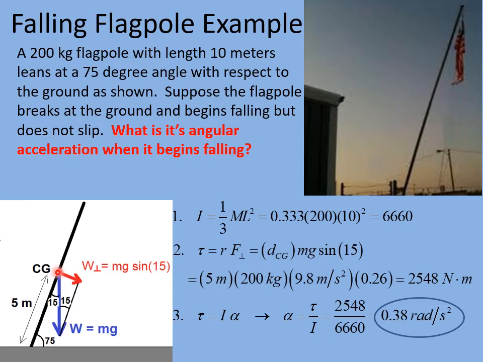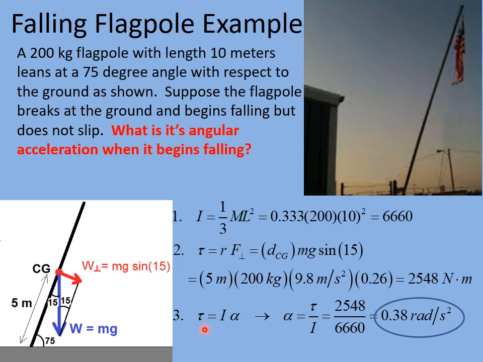The other thing we can calculate here is the angle. We were told this angle is 75 here. Remember, this angle is 15, and we can figure out this component of the weight force. This is mg times sine of 15. Plugging in all these numbers, the radius being 5 meters, the mass 200 kilograms, g is 9.8, and sine of 15 is 0.26, we get a total torque of 2,548 newton meters.